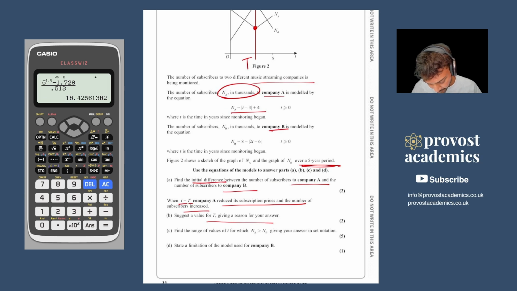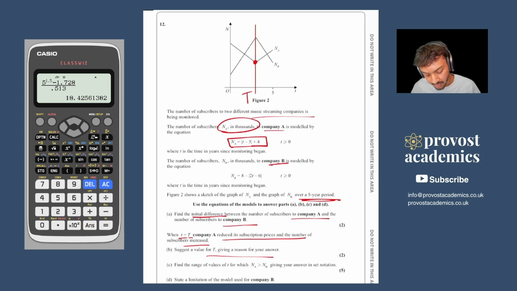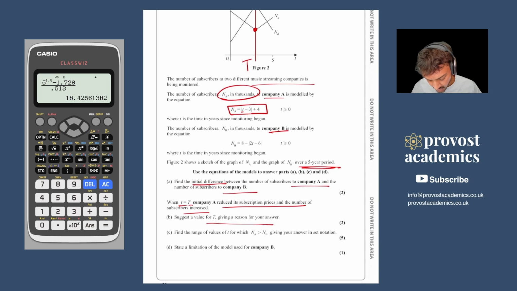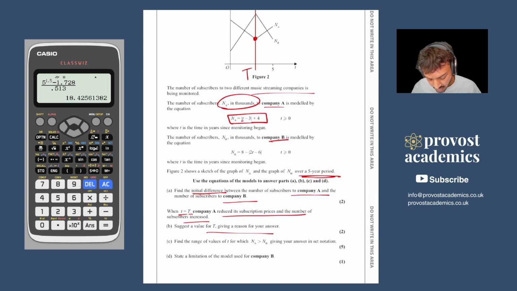Now, looking at the equation for NA, I hope it makes sense to be 3 because we want the lowest possible subscriber count, right? And the only time we can get the lowest possible subscriber count is if the modulus is indeed equal to 0. So T would be equal to 3. When I said 0, I meant the entire thing has to be equal to 0.